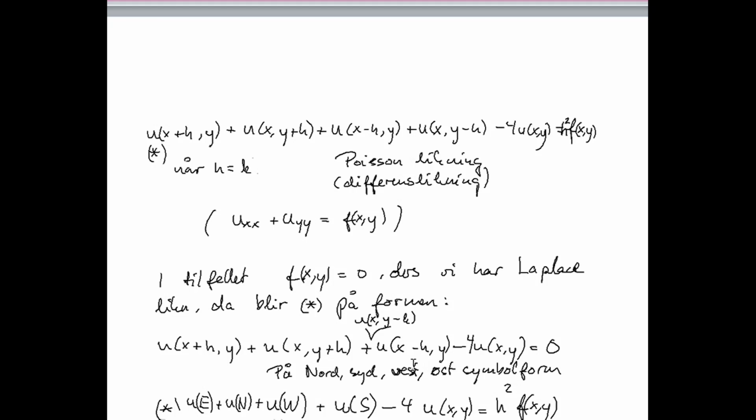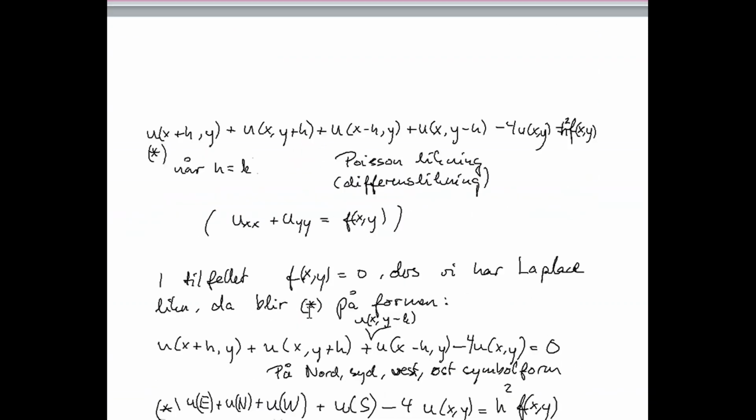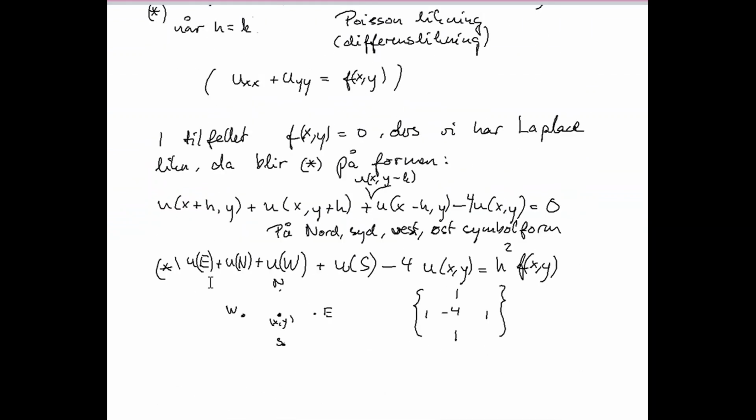If we now, instead of using this coordinate, call this coordinate the east coordinate. Just see here, this is the east coordinate, north coordinate, west coordinate, south coordinate. It's easier for us to remember what we are doing.